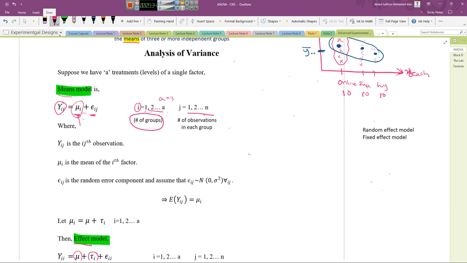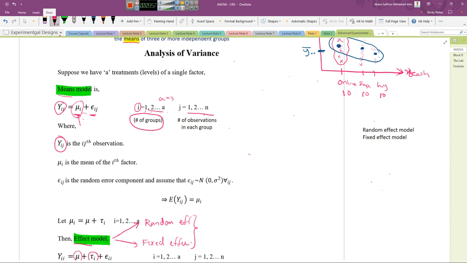Under the effect model we have two types. The first one is the random effect model, and the other one is the fixed effect model. We will see what these two models are later. Now we will try to understand these models.